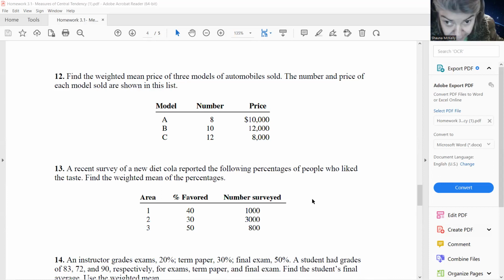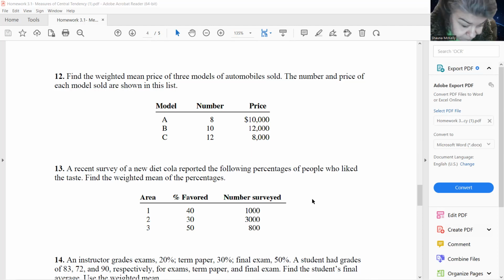We have the number, which was 8, 10, 12 respectively. And the price was 10,000, 12,000, and 8,000. Okay.